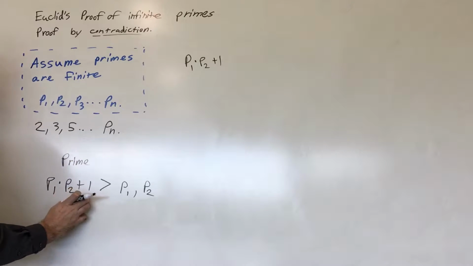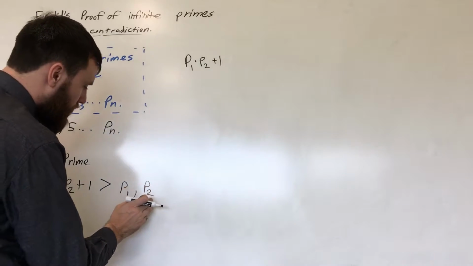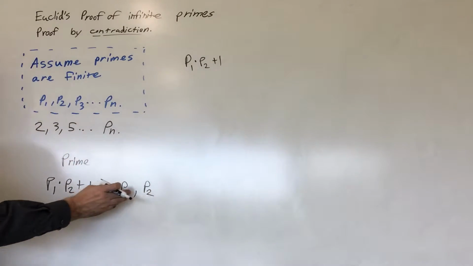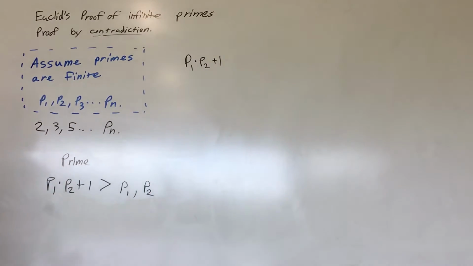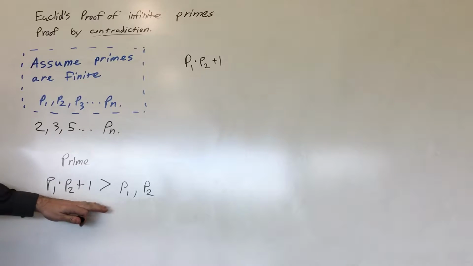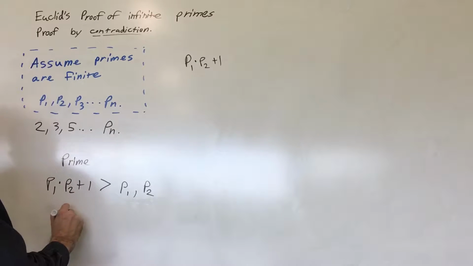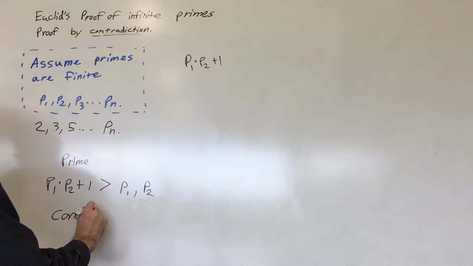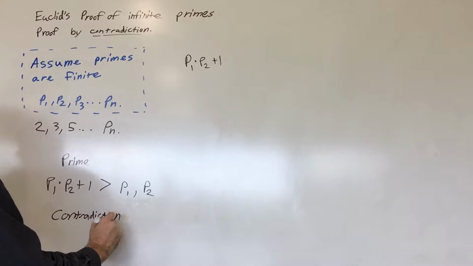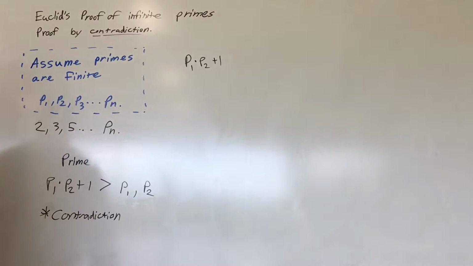If this is a prime and it's greater than P2, then it's a prime, but it's not P2. So we have a contradiction. We must have a new prime that's greater than the complete list of primes. The list is only two long. So we have a contradiction. So there must be another prime other than just those two.